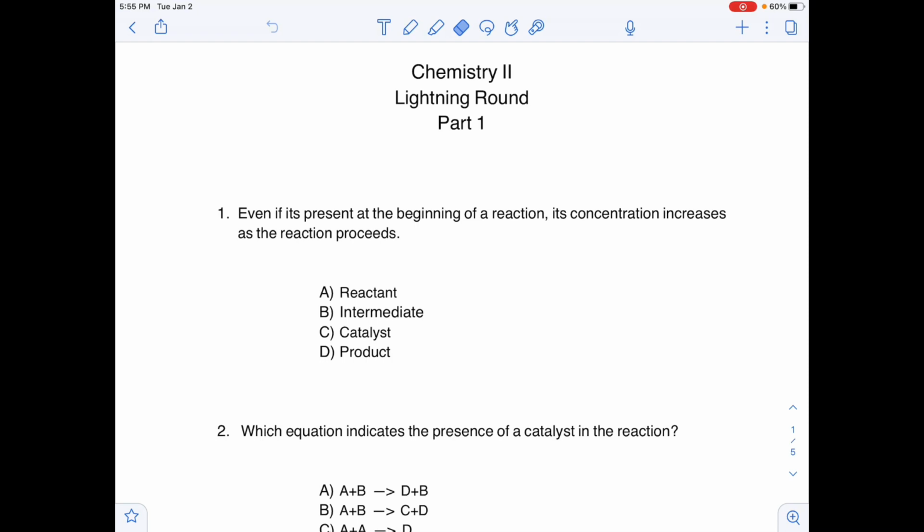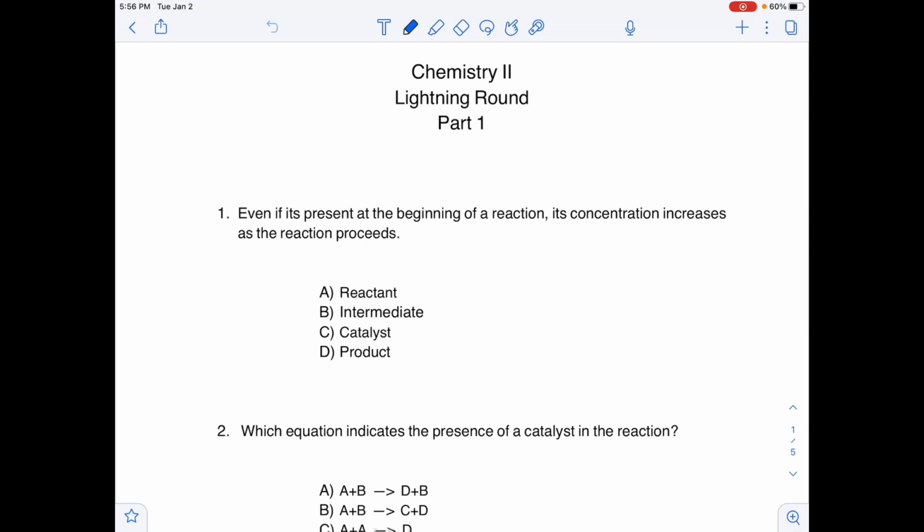For the first question, it says, even if it's present at the beginning of a reaction, its concentration increases as the reaction proceeds. So when we look at our answer choices, we see reactant, and we know that a reactant is present at the beginning. Intermediate is not present.